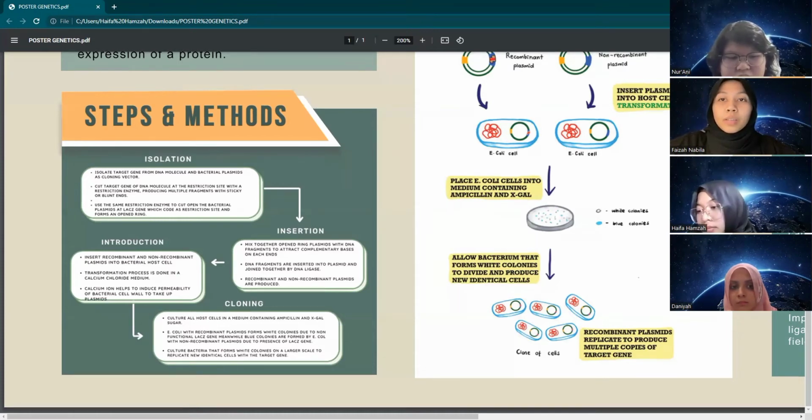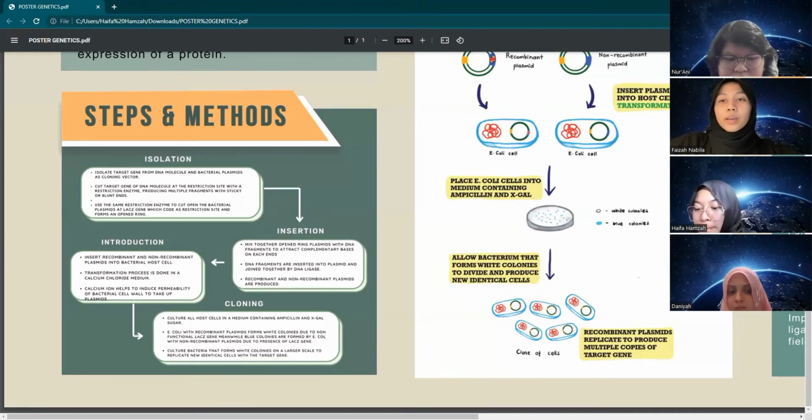The second method is by producing a complementary DNA through a reverse transcription process, where the mRNA strand is used as a template to produce new DNA strands. The isolated DNA molecule must contain the gene of interest, which will be cut by a restriction enzyme at the restriction site.